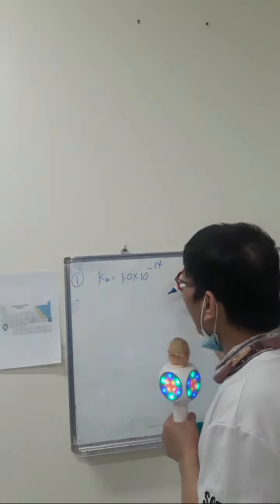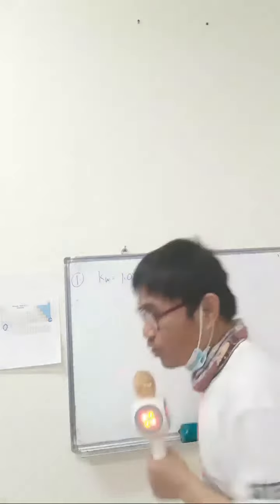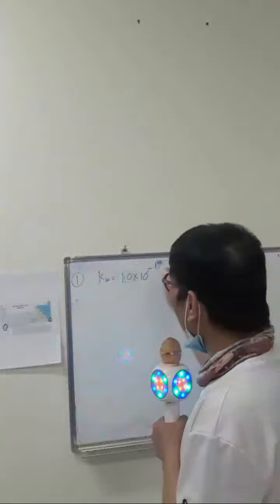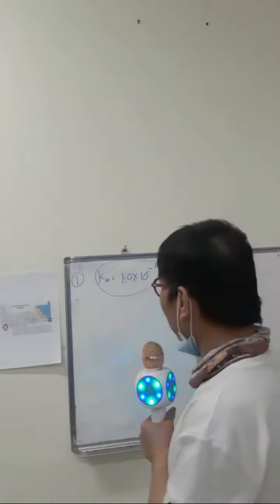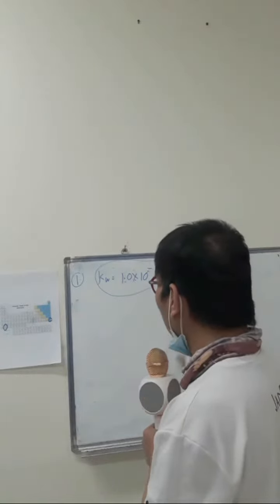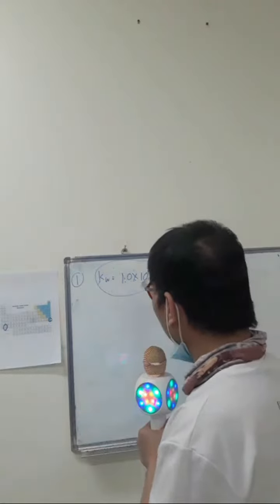How do we prove this one? Kw is equal to 1.0 times 10 to the negative 14. No need to prove. Actually, it can be derived because this is the equilibrium definition of Kw.